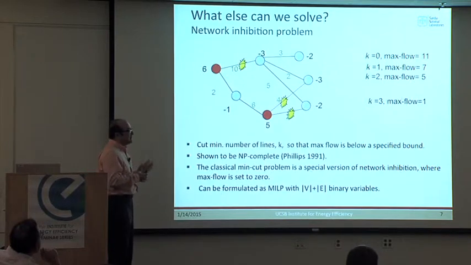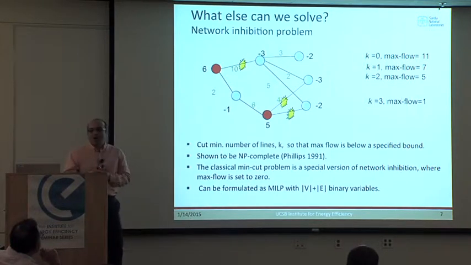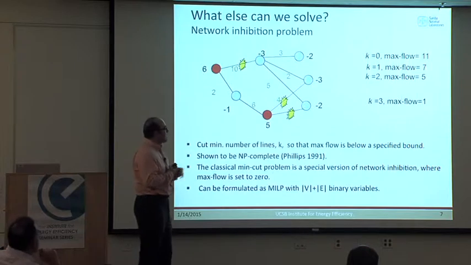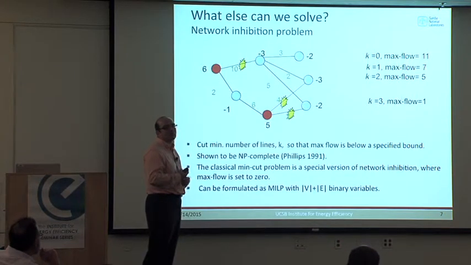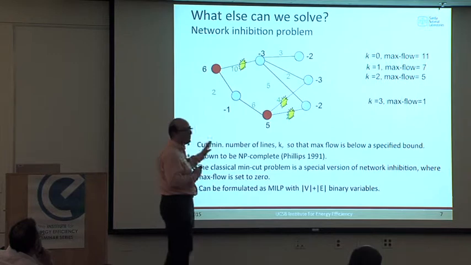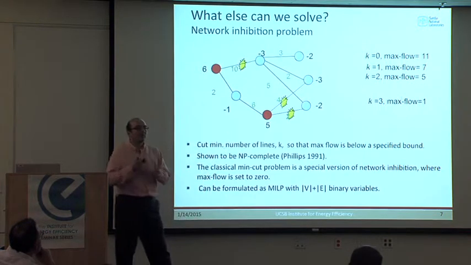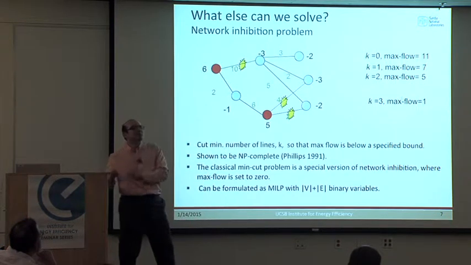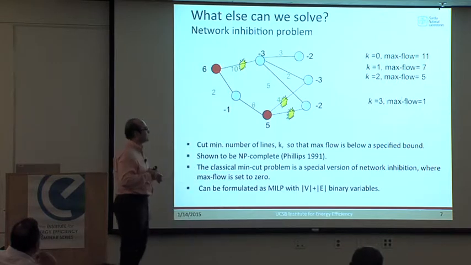So yes, we can solve these problems, but at the same time, by only looking at the combinatorial structure of the problem, it tells me what kind of techniques I can use. First, this is not an incremental thing. So usually for these problems, greedy techniques don't work. If you're familiar with it, this is the opposite of submodular functions.